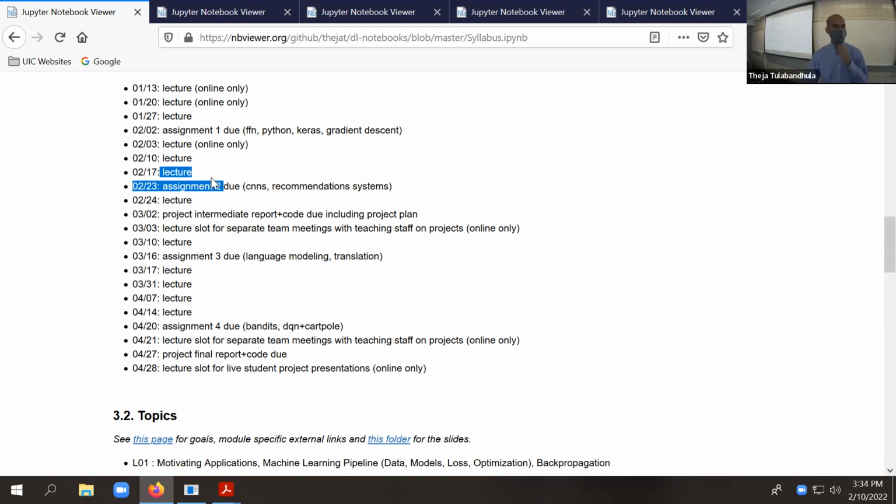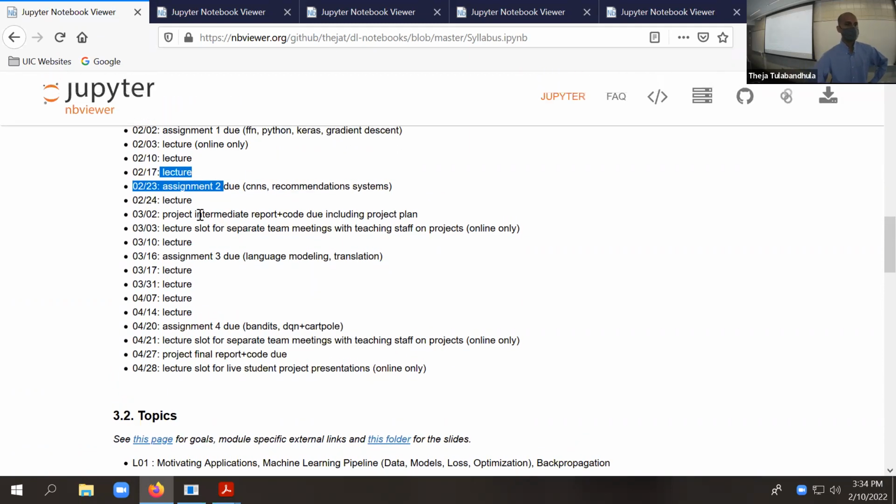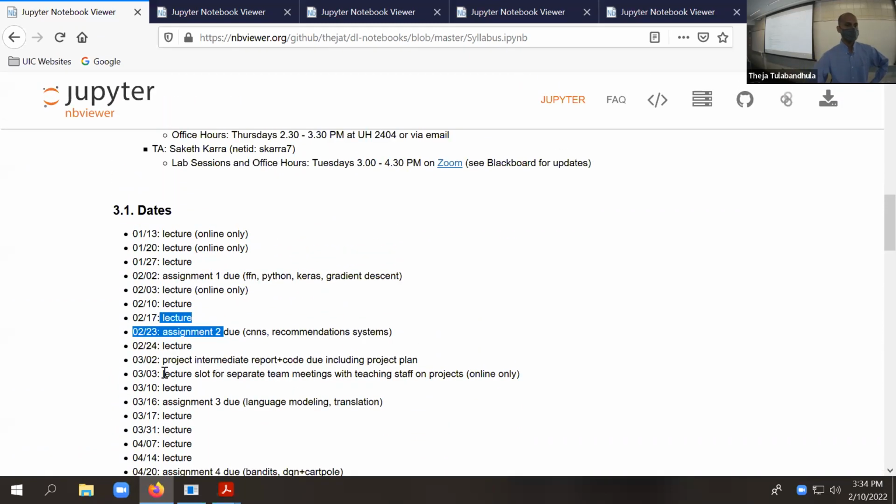So let's talk about assignment 2 in a second. That's where we are. About 4 weeks from now, a little bit less than 4 weeks, is the meeting as well as the submission of a project intermediate report. The earlier you start, the more ambitious you can be, or the more time and bandwidth you can spend on these things.